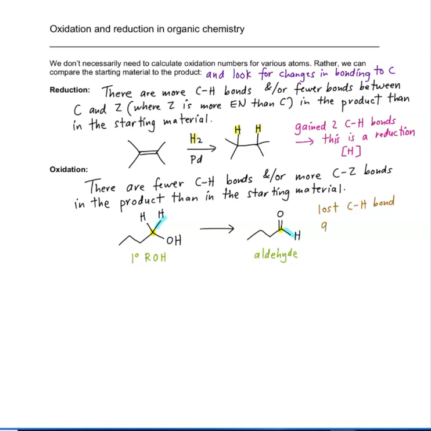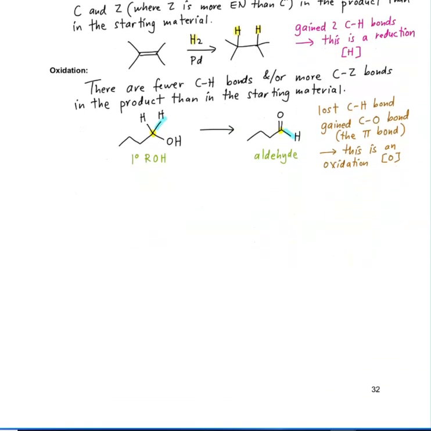So we gained a carbon-oxygen bond, too. And that would be the pi bond. So those two factors together lead us to conclude that this is an oxidation, which sometimes is abbreviated with a little O in brackets.